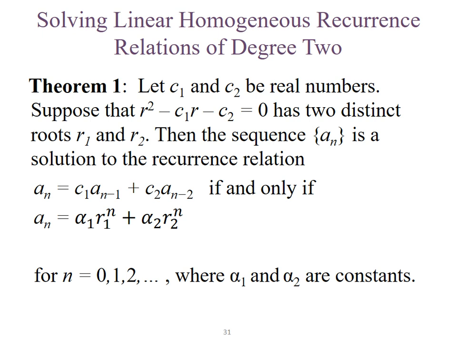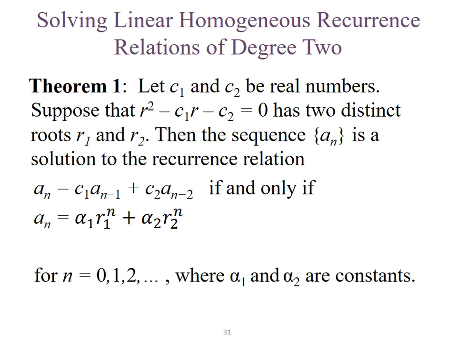Then we know if and only if the final closed form solution will be a_n equals another coefficient alpha 1 times the first root r1 to the power of n plus alpha 2 times the second root r2 to the power of n. So this is a theorem.